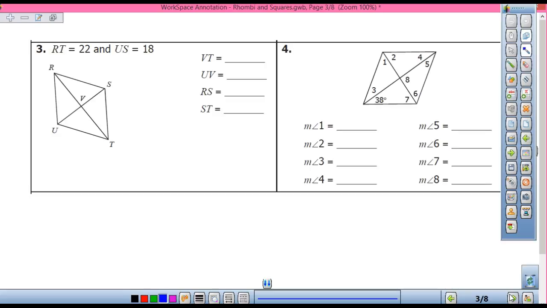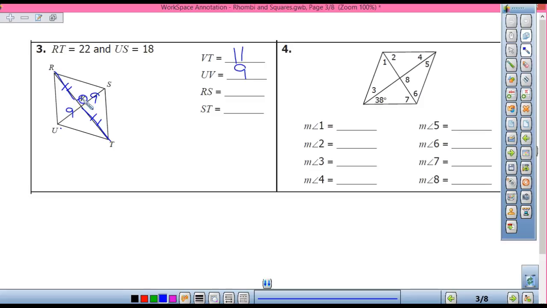Okay, RT is 22. US is 18. So what's VT? Why? Diagonals bisect each other. What's UV? 9. Why? Diagonals bisect. Thank you. So we've got 11, 9, 11, 9. How am I going to find RS? Why can I use the Pythagorean theorem?